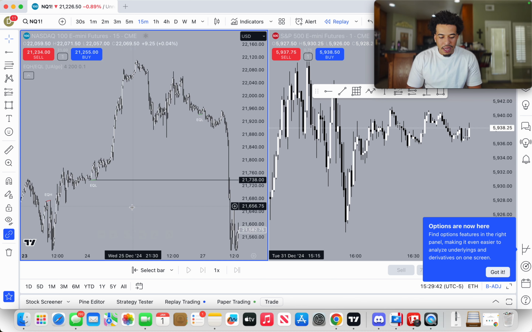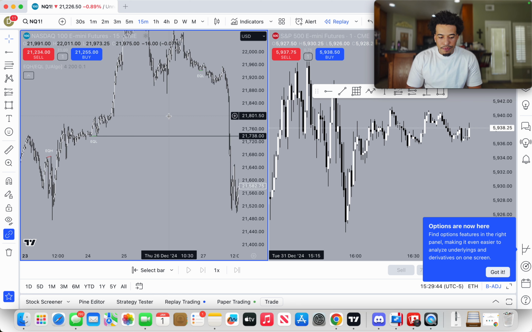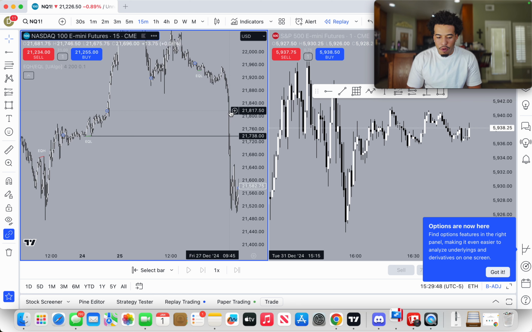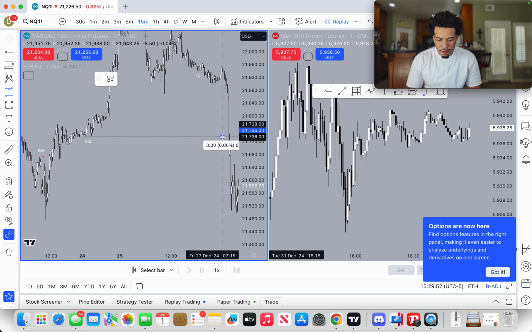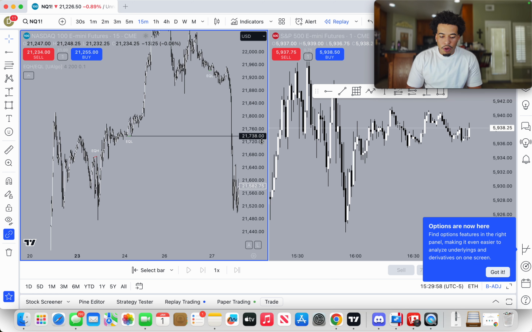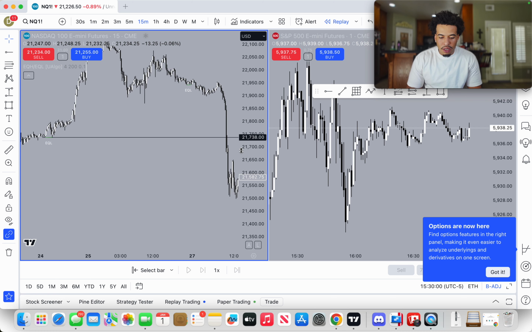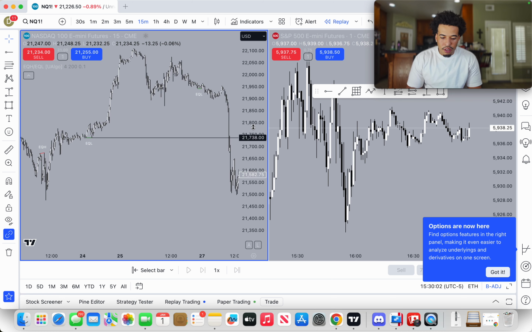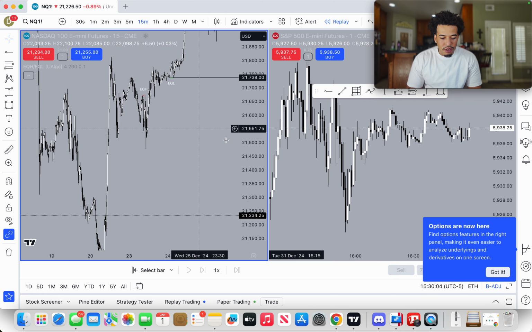It didn't waste any time to get to these equal lows. Boom. Ran there, and in 15 minutes, dropped like 150 points or whatever, right? Because liquidity is important. Those sell orders need to get filled. Those buy orders need to get filled. Whatever side of the market you're on, liquidity.